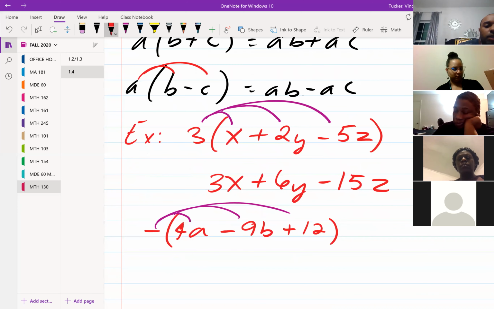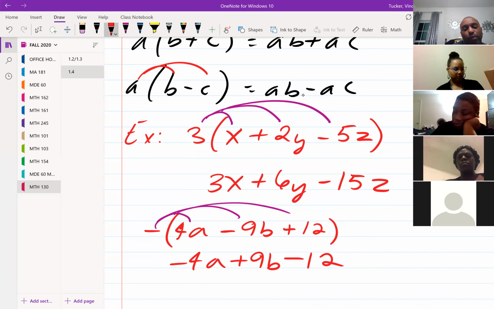And it would just change the sign of each. So negative applied to a positive 4 would just be negative 4A. Negative to a negative would be a positive 9B. And then that would be minus 12 in the back. So a minus sign sitting in front of a parentheses will change each one of the signs of each term in the parentheses.